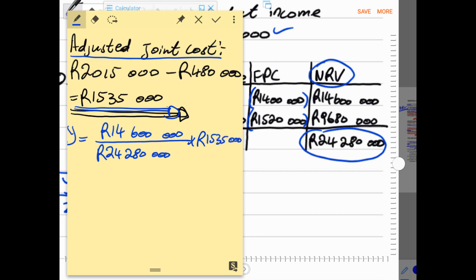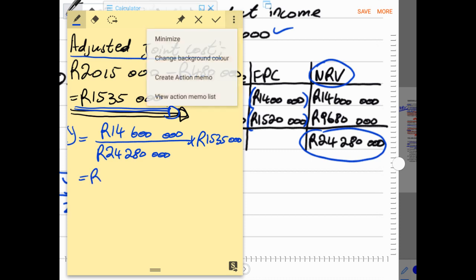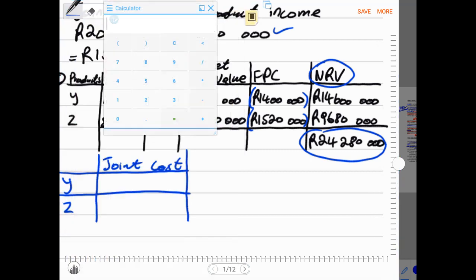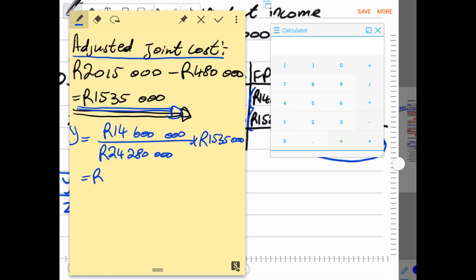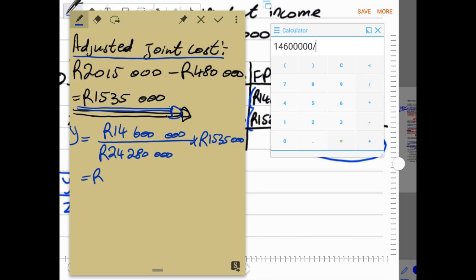So now we check how much will be the amount of our joint cost for the first product. It will be 14,600,000. We divide this by 24,280,000. Then we multiply that by 1,535,000.